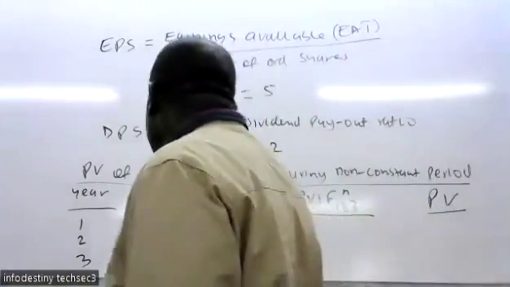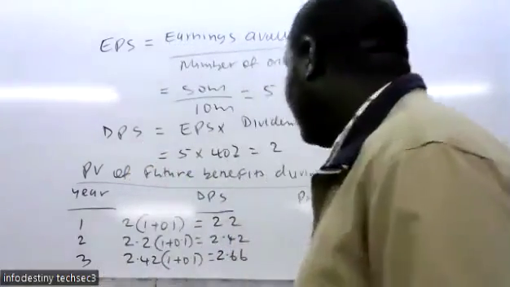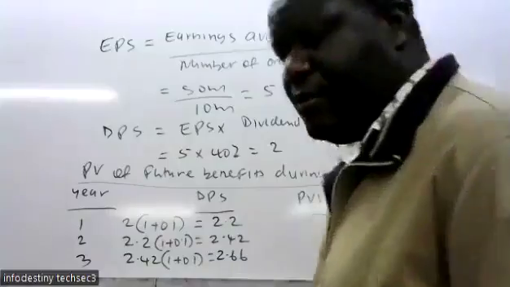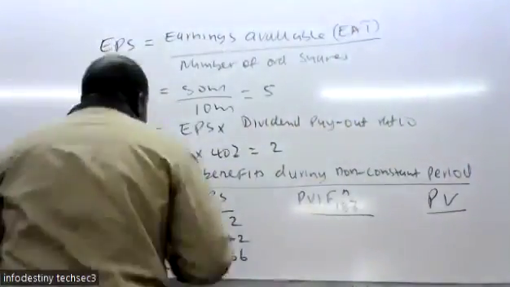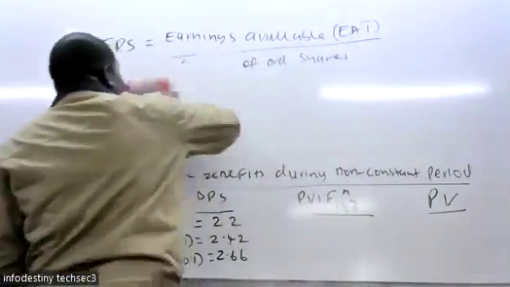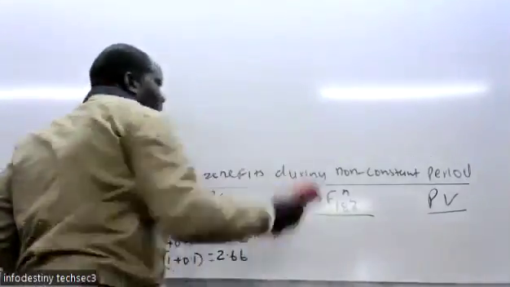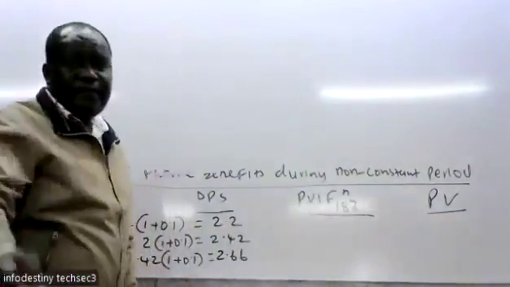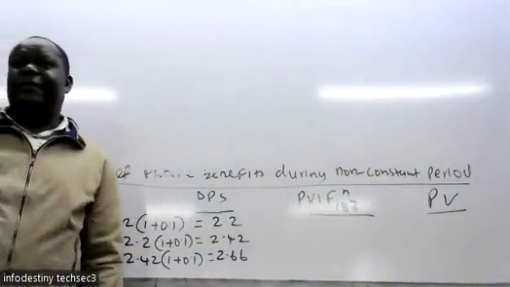So after that, we should now go and check what is 18% in year 1. Which should be the value?